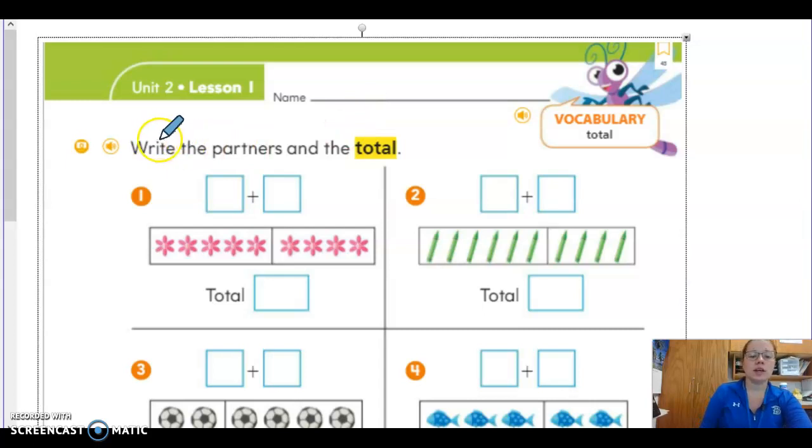So the directions say, oh yeah, please write your name. First thing on your paper is your name. Write the partners and the total are the directions. Okay, so I can see that there's a partner here, my break apart, which represents plus, and then my other partner over here. Let's count them together. Ready? 1, 2, 3, 4, 5.